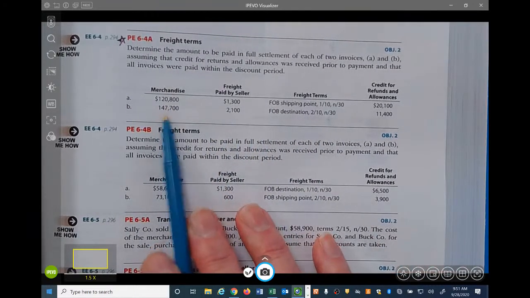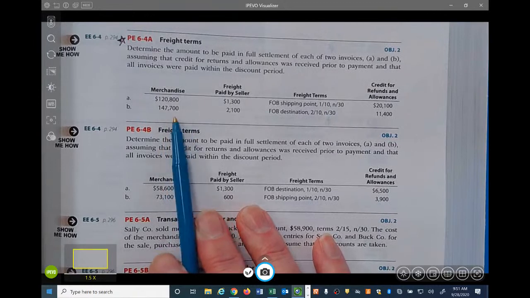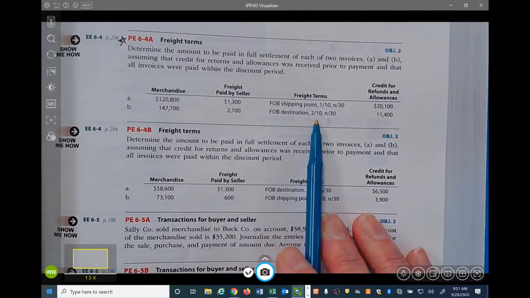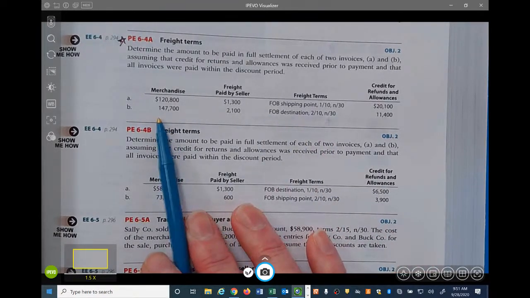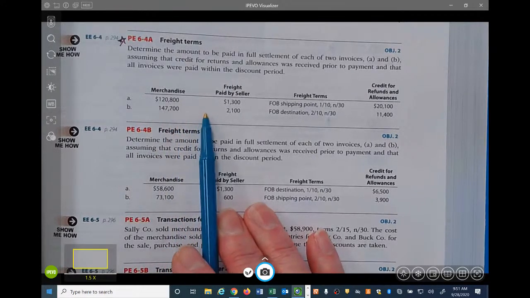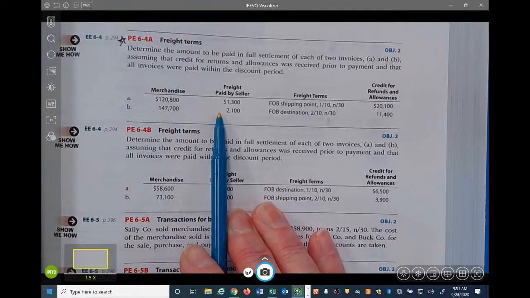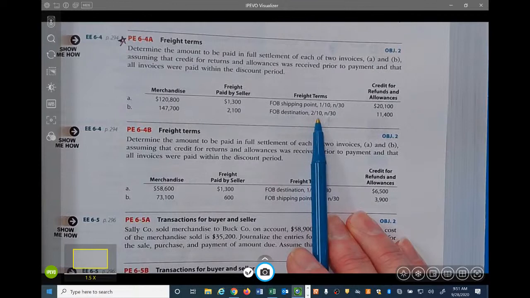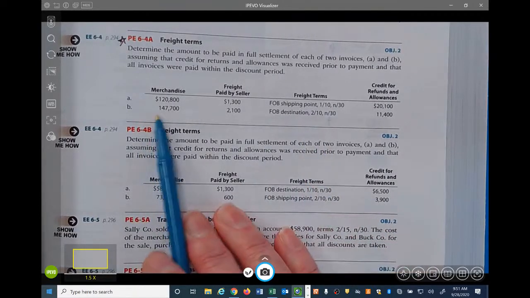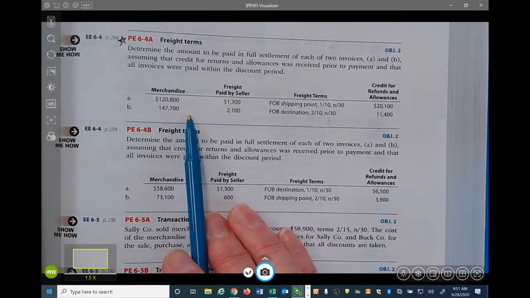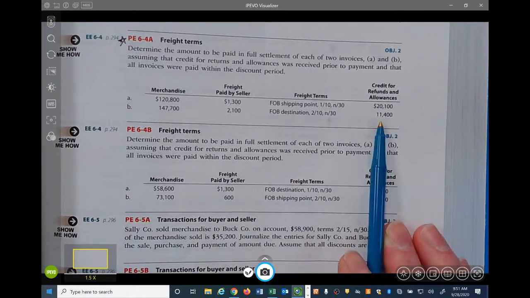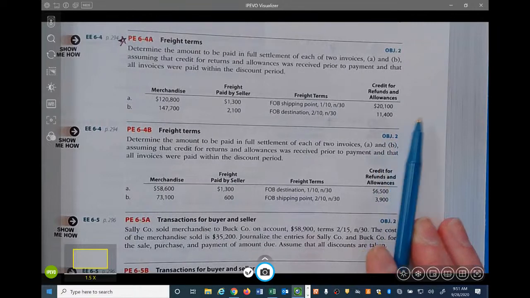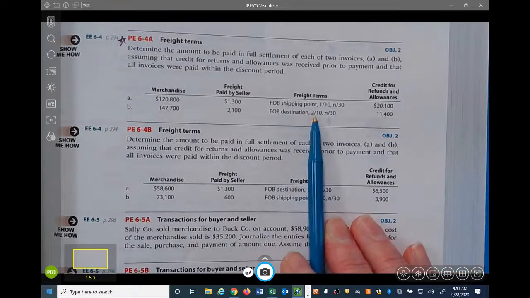Okay, the next one we bought merchandise at $147,700. The discount on this one is 2/10 net 30. We paid within the discount, so we're going to take 2% off of this price. So $147,700 times 0.98. Everyone seeing the 0.98 there? The 2%. Then we want to back out the credit for refunds and allowances, which would be $11,400 times 0.98, because we have to apply the discount to this as well.